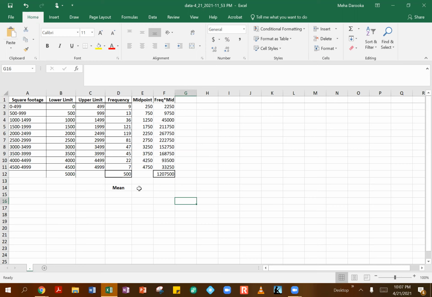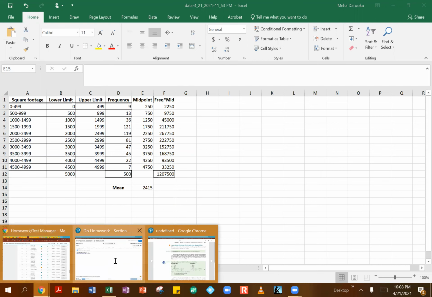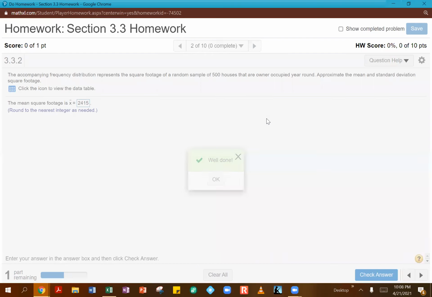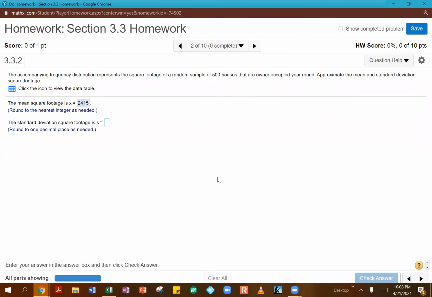To calculate our mean, all you have to do is take this total for the frequency multiplied by the midpoint column and divide it by the total number of frequencies, which is going to be 500. That gives you your mean value, which comes out to be 2,415 square feet. So let's plug that in here, 2,415 square feet. And there you go, that works out.